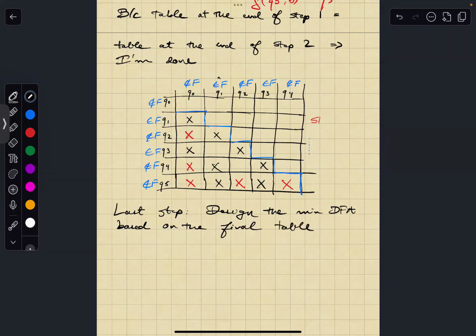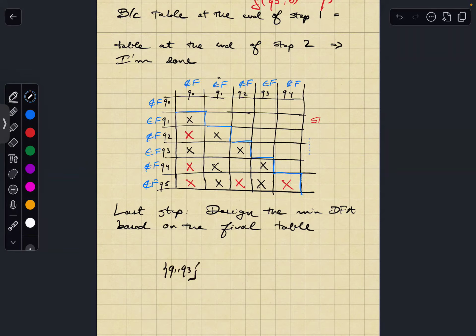Okay, so how do I do this? Well, I take, for instance, the states Q3 and Q1, which are indistinguishable from each other, and I put them in a set. And then that set becomes a state. So I get a state, which is the set Q1, Q3.